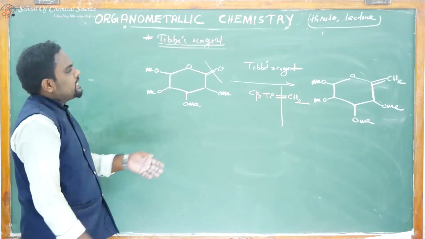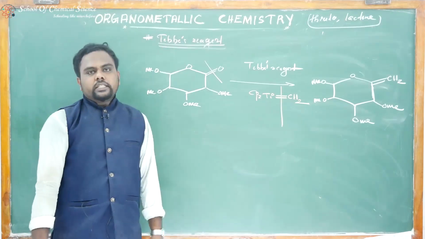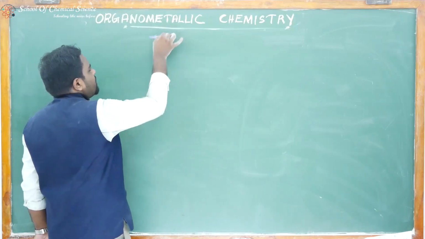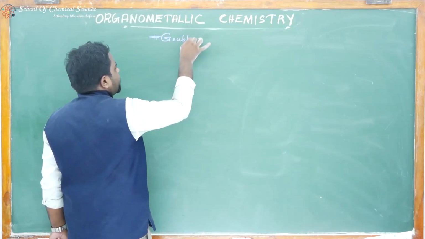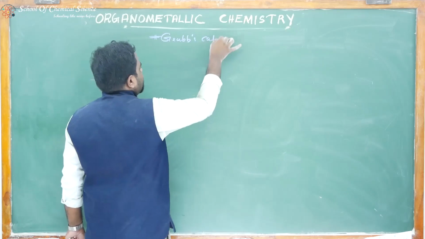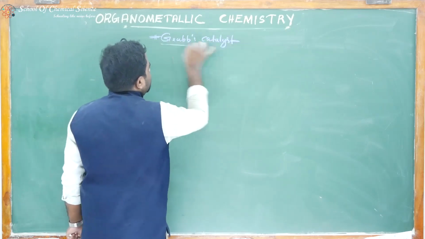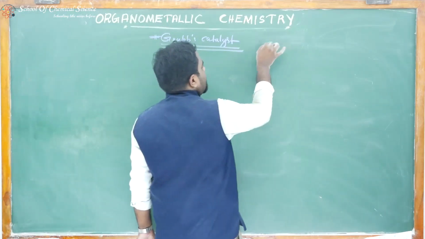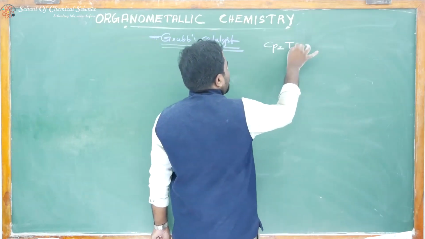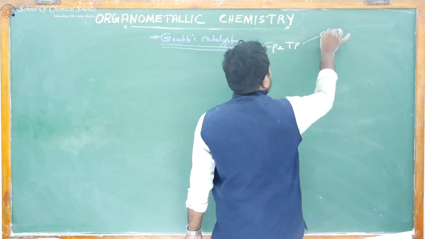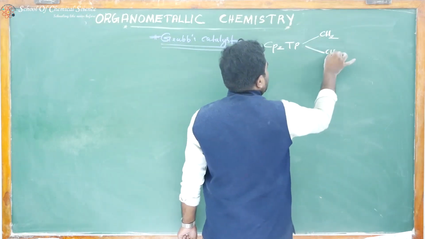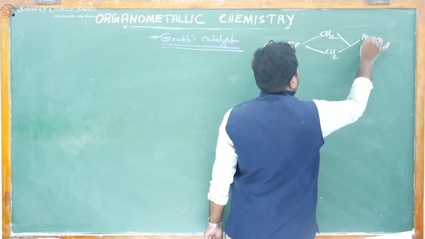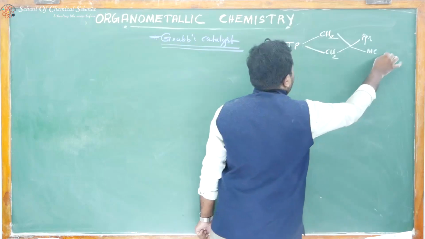So that is called Tebbe's reagent. Then the second catalyst, Grubbs catalyst. Grubbs catalyst structure: Cp2Ti, CH2, and a carbon with an isopropyl group and a methyl group.